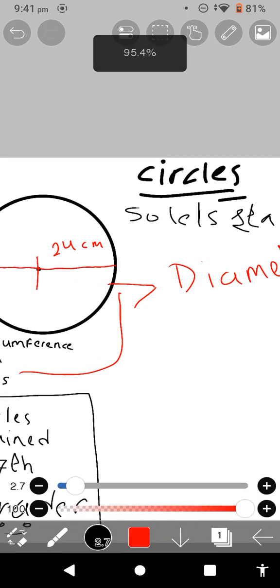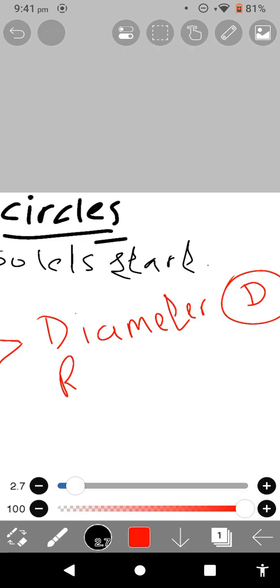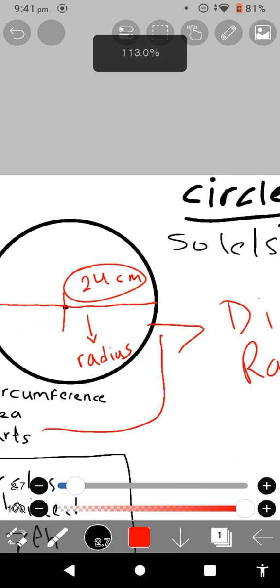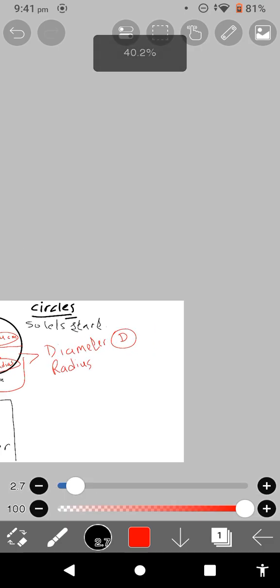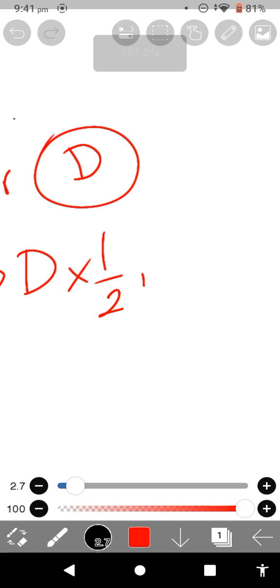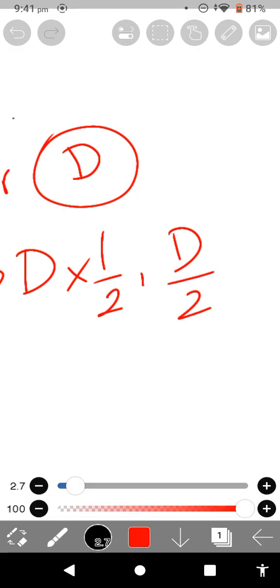The next one is the radius. Half of a diameter is called a radius. So this part is a radius, and if we only have the diameter and we have to find the radius, the formula is simply the diameter divided by 2.